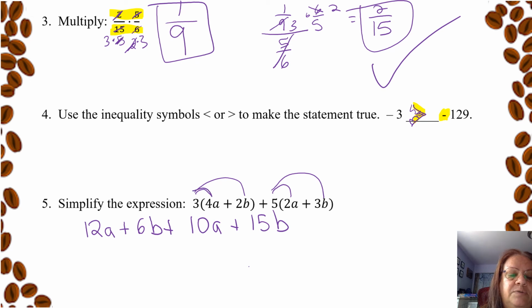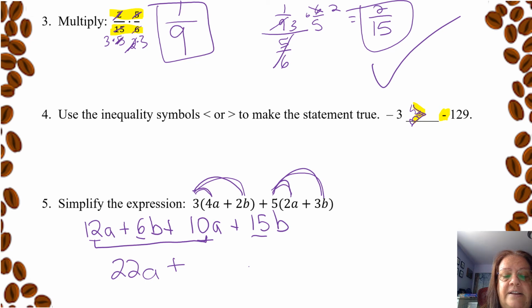So 3 times 4 is 12. 3 times 2 is 6. 5 times 2 is 10. 5 times 3 is 15. Okay, now I'm going to combine like terms. So the two a's, 10 and 12 are 22. 6 and 15 are 21. Okay, and we're done.